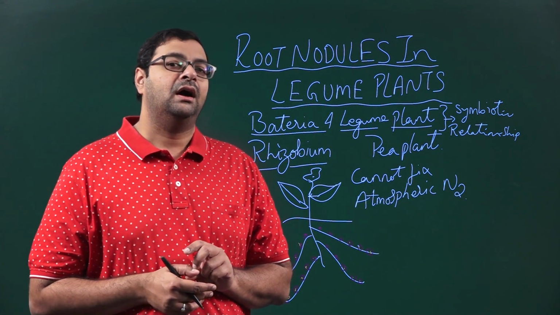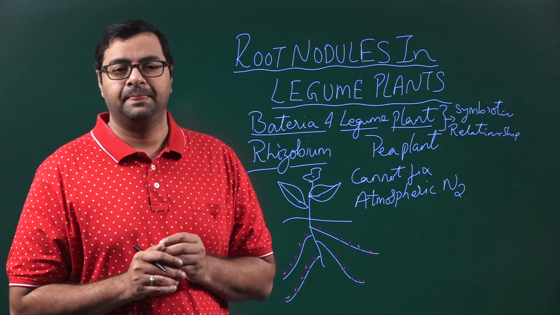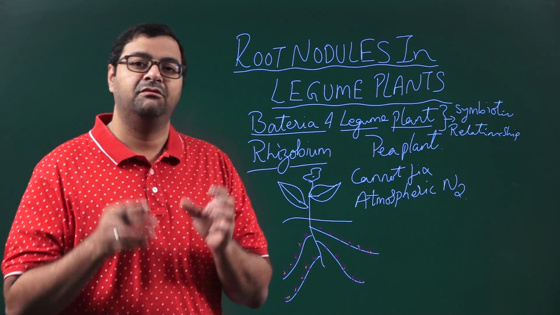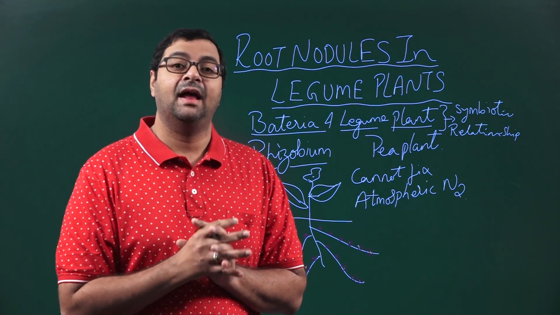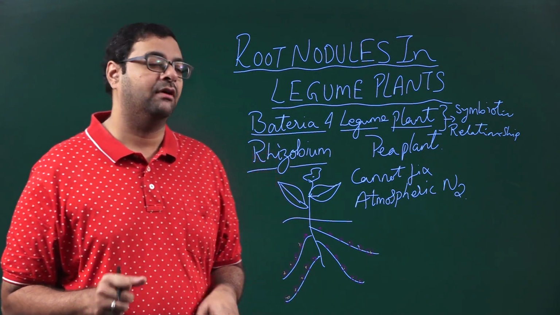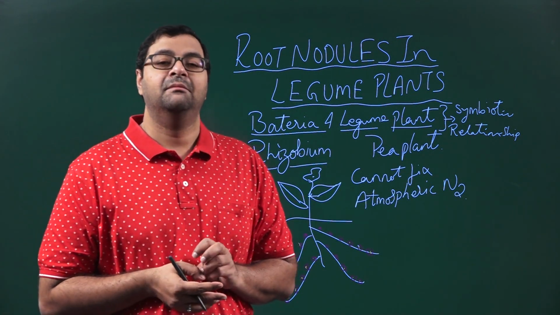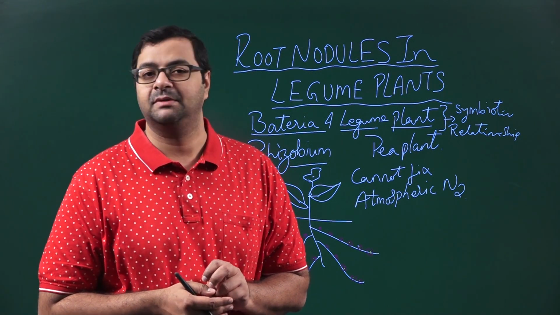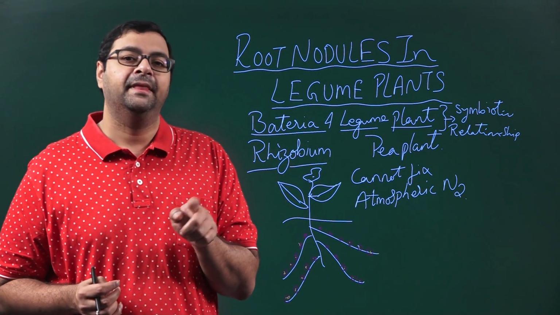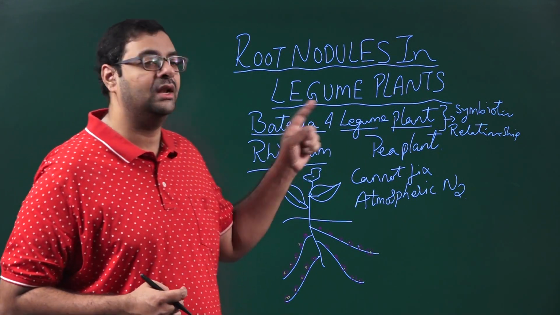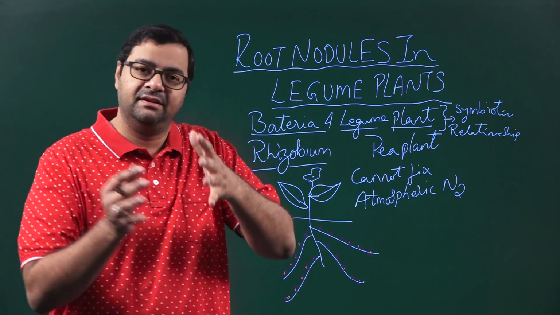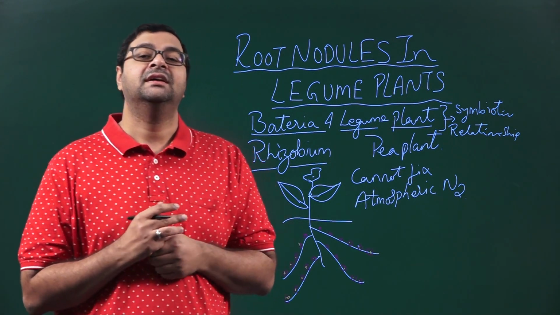A cereal crop can be cultivated first, and after that the farmer can go for a legume plant, because the cereal crop might have used up all the nitrogen present in the soil. If the farmer then grows a legume plant, the atmospheric nitrogen will get fixed into the soil.